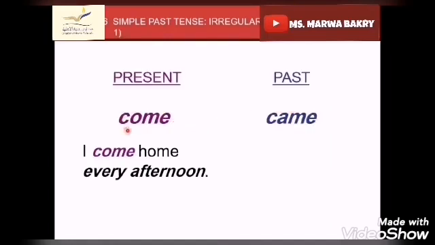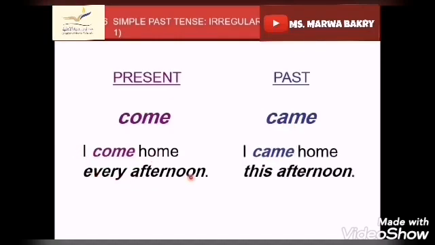Here, the verb come in the present is come, but in the past, came. Come, came. For example, I come home every afternoon. I came home this afternoon. This sentence is in the present simple, but this one in the past simple.